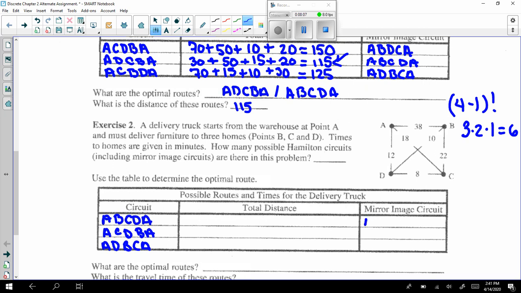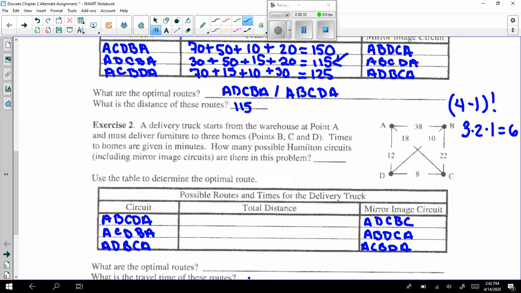So this is A, D, C, B, A. And then this is A, B, D, C, A. And then this one is A, C, B, D, A. And then we come up with the links to those.